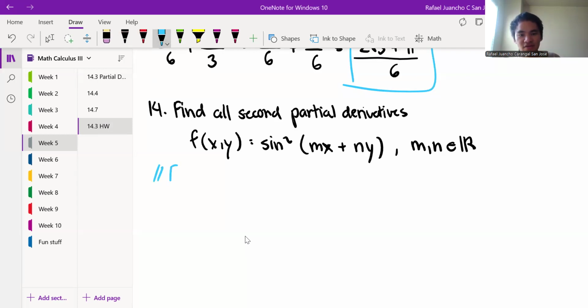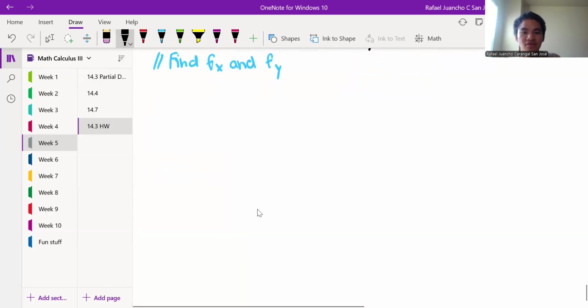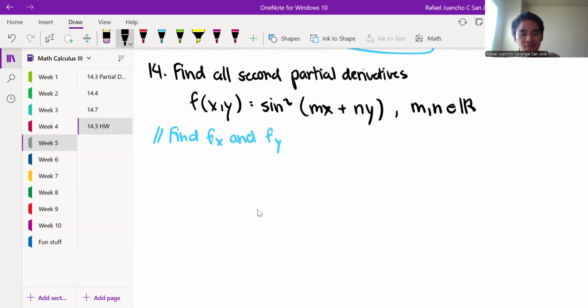The first thing we want to find is f sub x and f sub y. So for f sub x, I take the derivative of this thing.